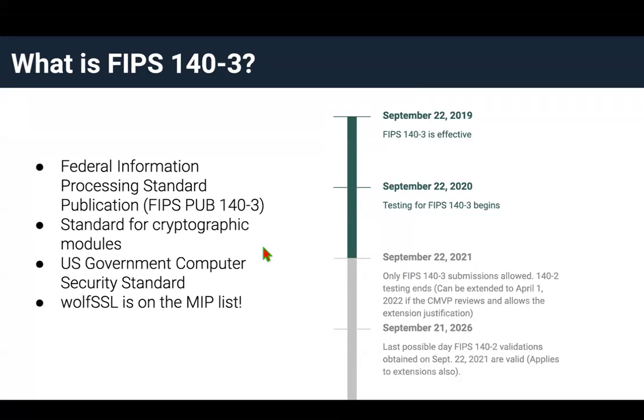So I'll go ahead and get started here with just giving an overview. What is FIPS? FIPS is the Federal Information Processing Standards by which, historically, the U.S. and Canadian governments abided.